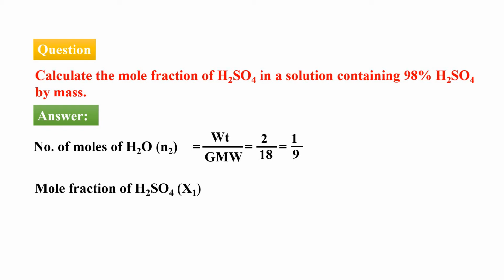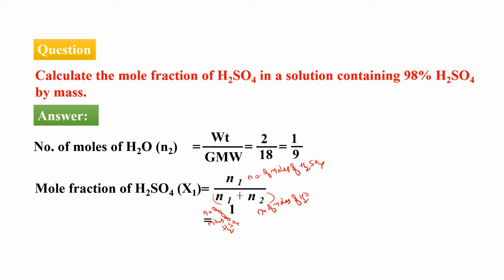Now to get the mole fraction of H2SO4, the formula will be number of moles of H2SO4 divided by number of moles of H2SO4 plus number of moles of water, isn't it? The denominator means the total moles of solution, isn't it?